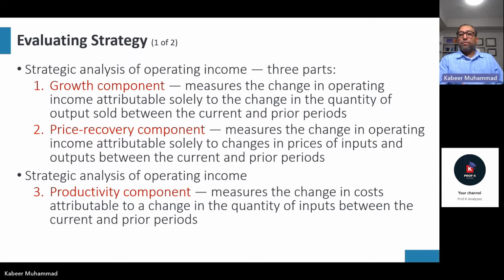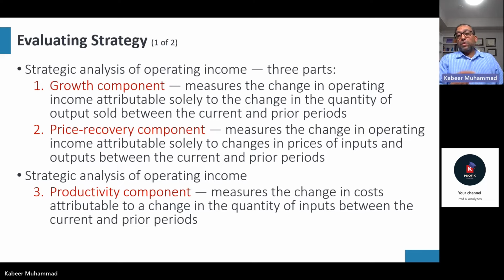It is not because we are producing or satisfying our customers more. It is only because of the price increase. So if we increase our revenue just by increasing the price, we have to see it from a different perspective as compared to the growth of the organization.